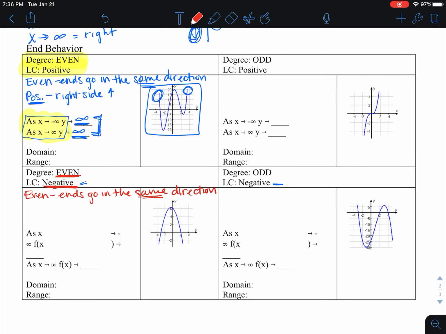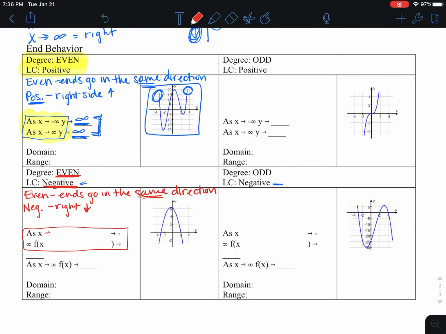And if it's negative, that means the right-hand side goes down. I just noticed that the bottom here doesn't look right. I will fix it for you guys so yours should look right.